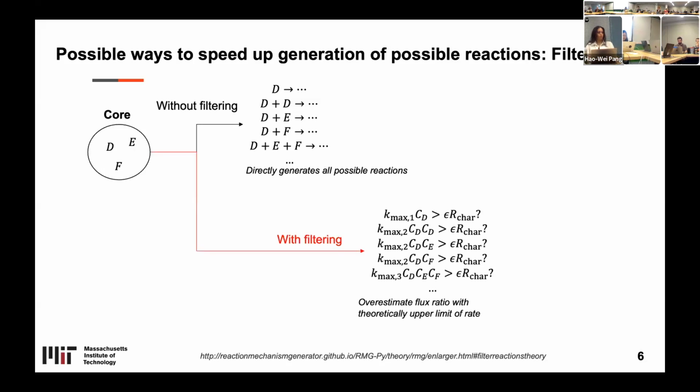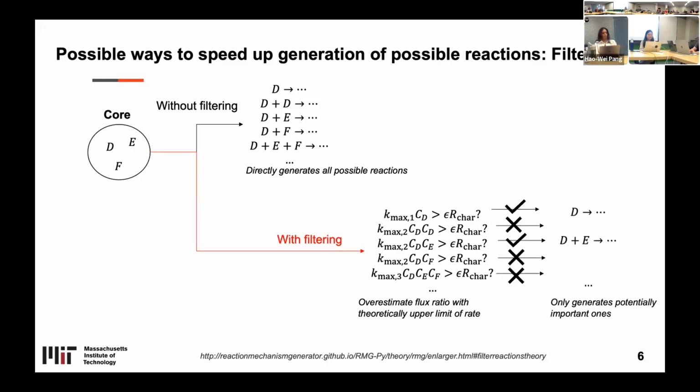With filtering, it first tries to provide an overestimated flux ratio, a theoretical upper limit of the rates, to consider whether, in the fastest case possible, the reaction would be able to exceed our flux criteria. If even the upper limit will not exceed this number, then we think that whatever number RMG came out with will not be important enough.